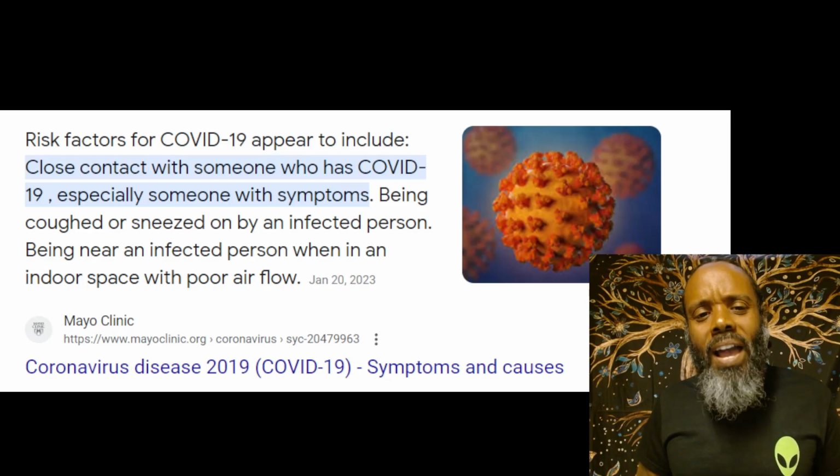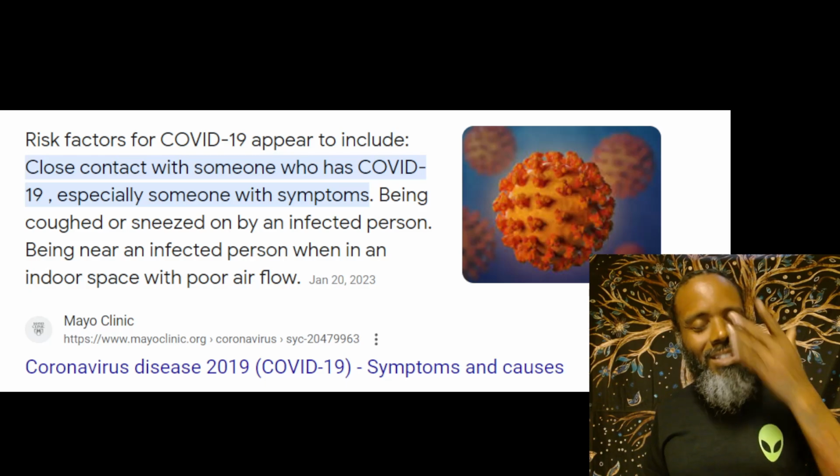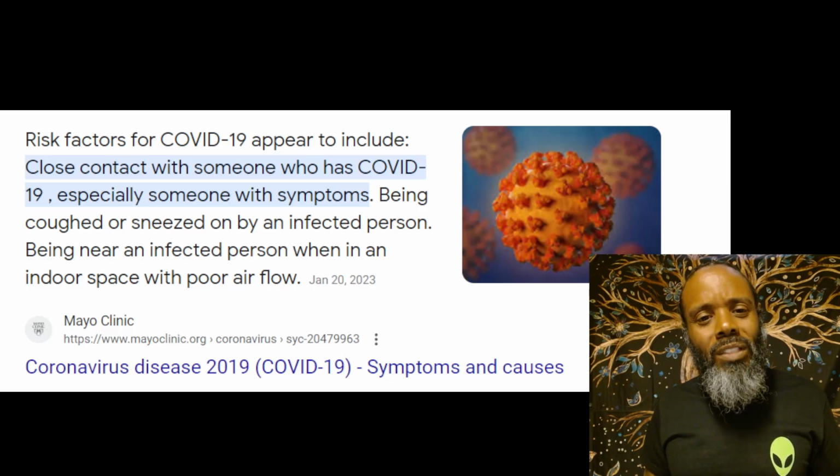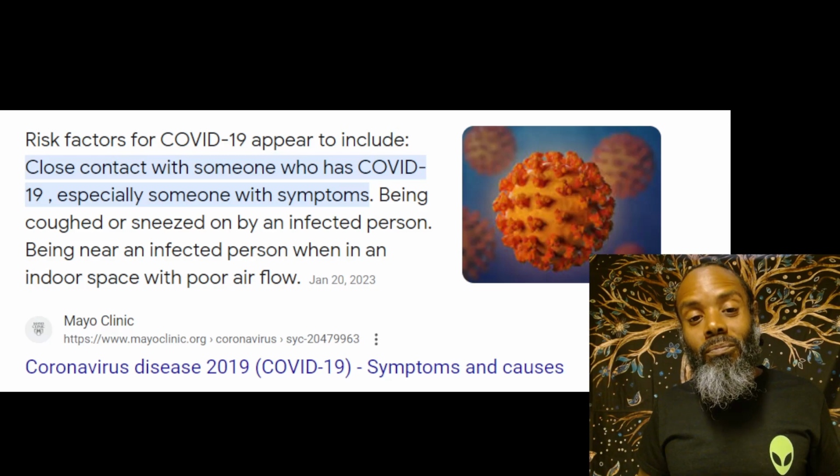So the risk factors for COVID-19, which include close contact with someone who already has COVID-19, especially someone with symptoms, being coughed or sneezed on by an infected person, being near an infected person in an indoor space with poor airflow.